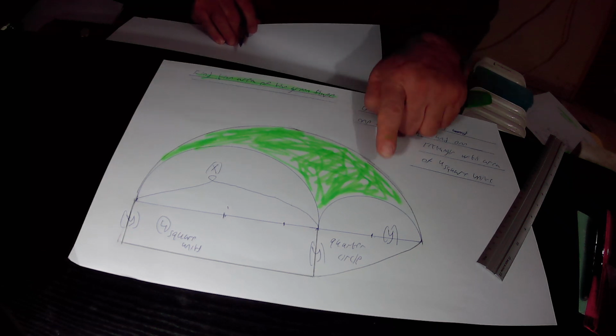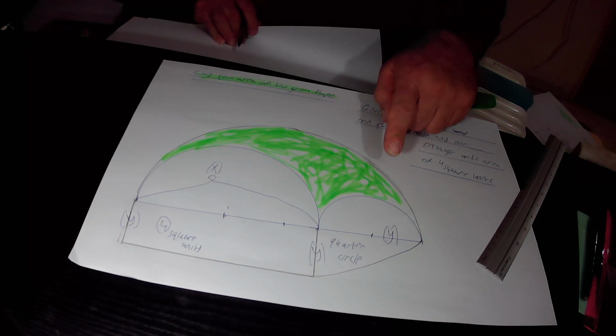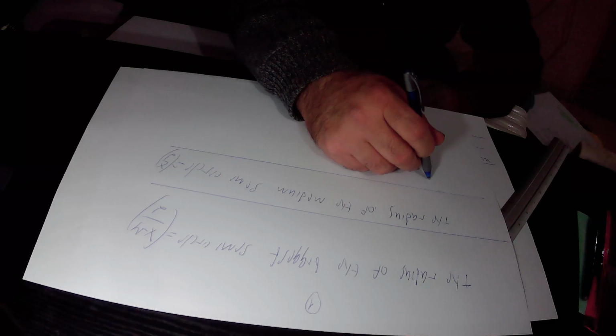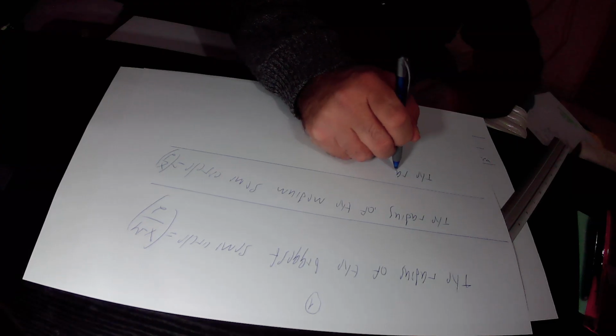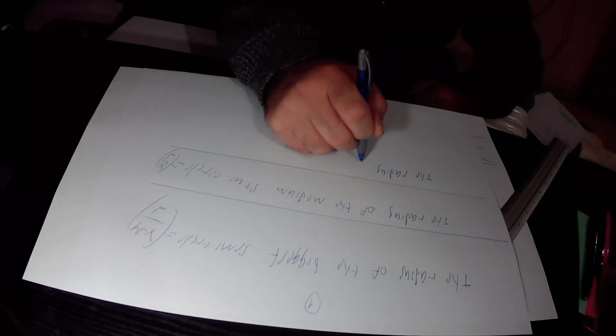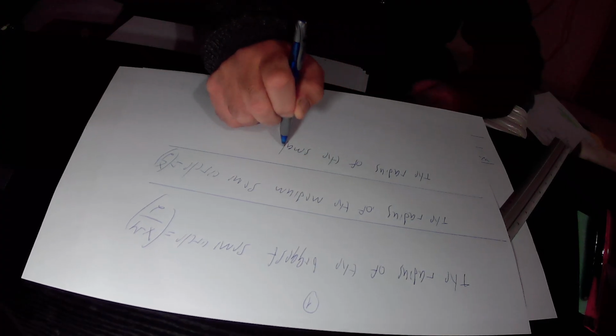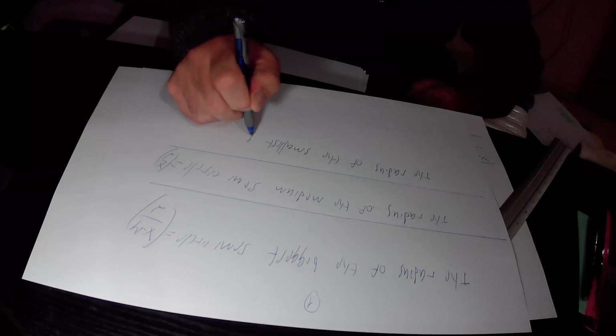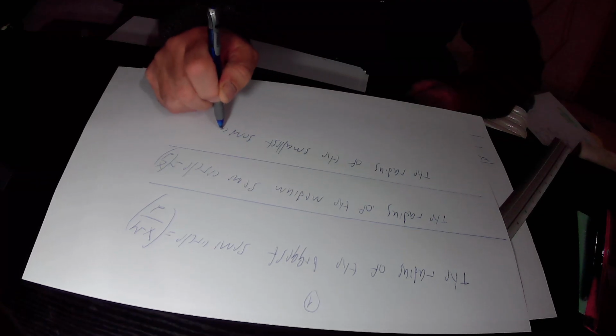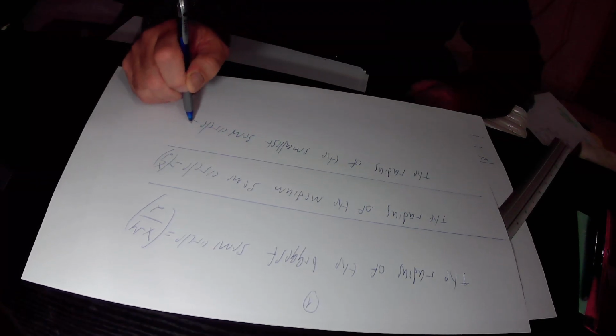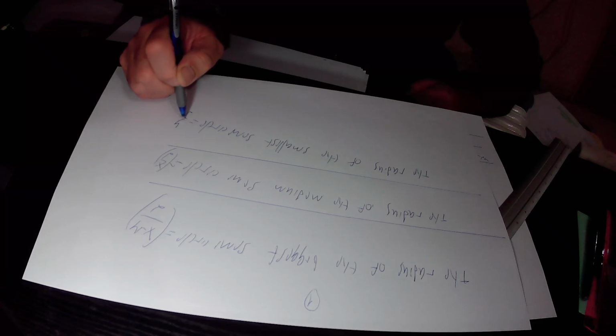And finally, the radius of this smallest semicircle equals half the diameter y, so it is y over 2 units in its length.